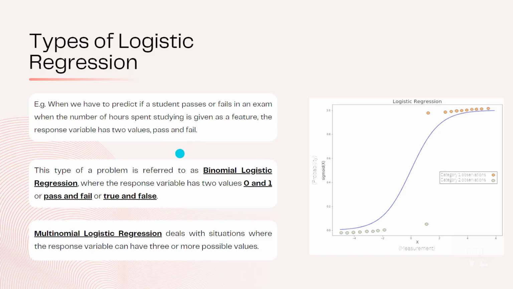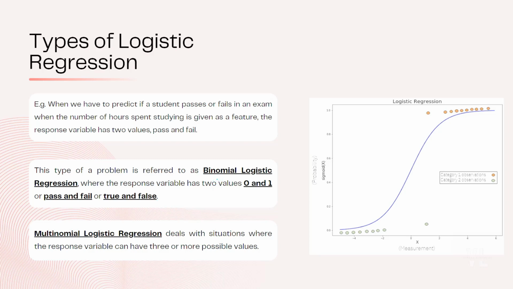This specific type of problem is referred to as binomial logistic regression, where the response variable has two values, 0 and 1, or pass and fail, or true and false. So whenever you have two categories that you need to identify, that type of logistic regression is called binomial.